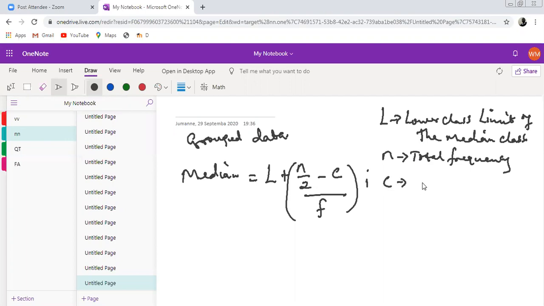C is the cumulative frequency, CF, cumulative frequency above the median class. F is the frequency of the median class.